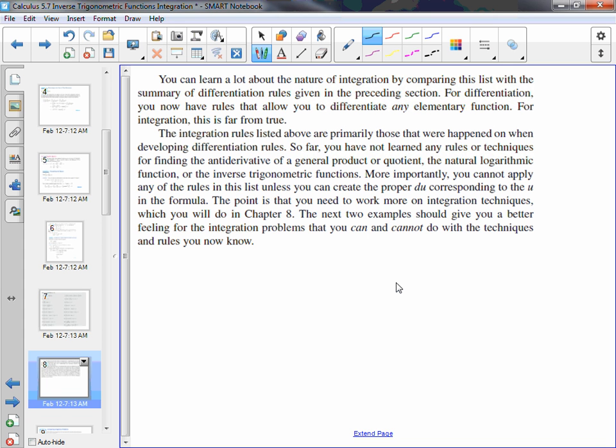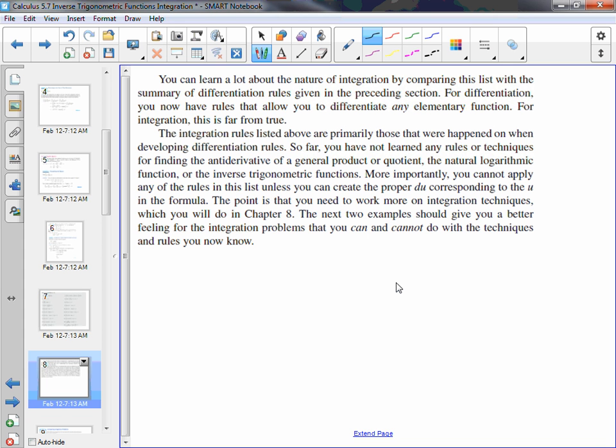We can't integrate any of that. More importantly, you cannot apply any of the rules in this list unless you can create the proper du corresponding to the u in the formula. So even if it's something that we think we're supposed to be able to do, if we're not able to make the du work out, we still can't do it.